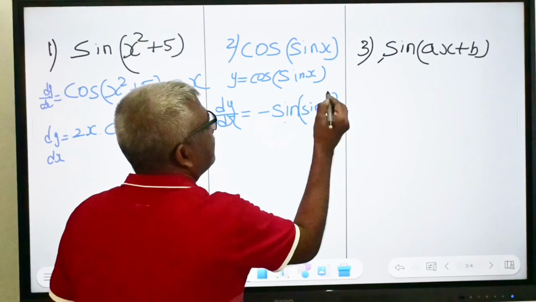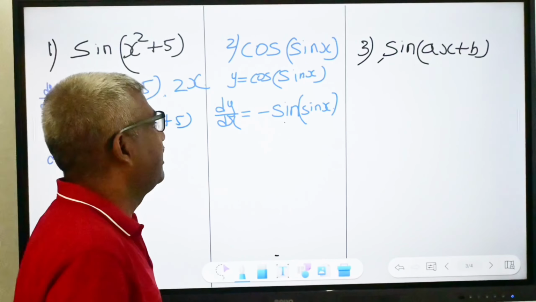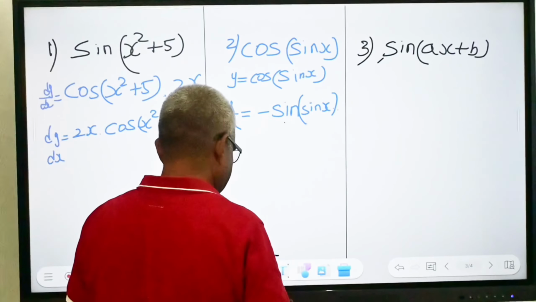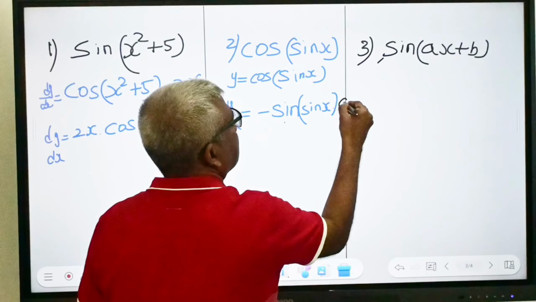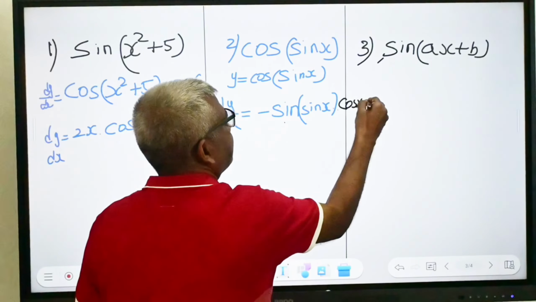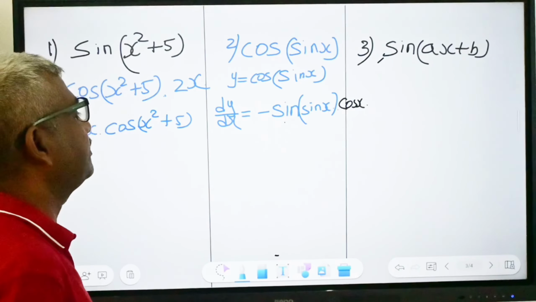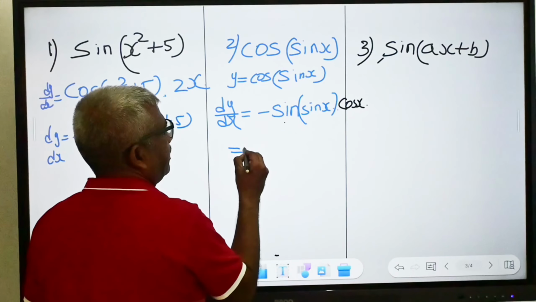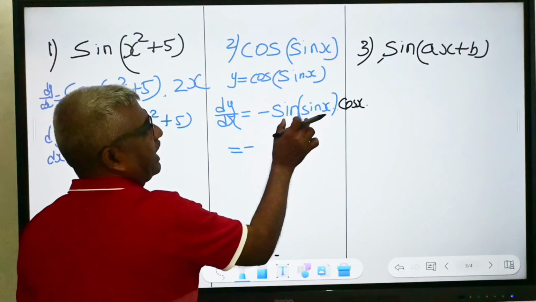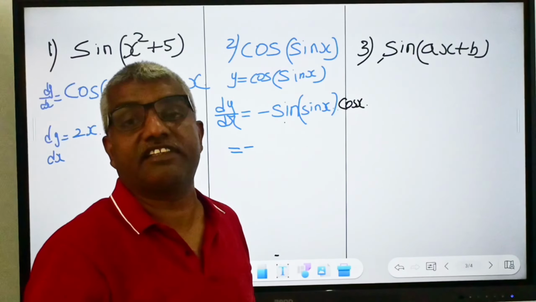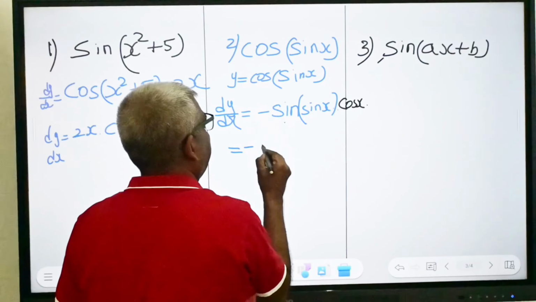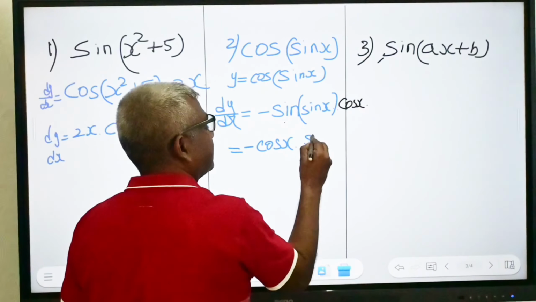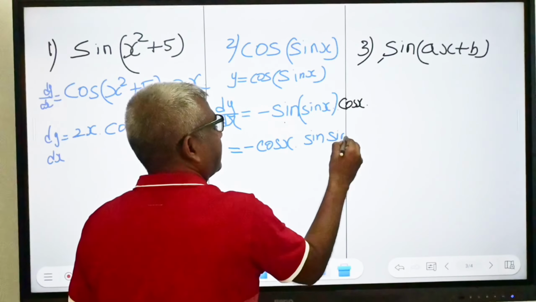Then differentiate sin x. How to differentiate sin x? It is cos x. Sin x differentiation is cos x. So it is better to write it in front: minus cos x, then sin(sin x).